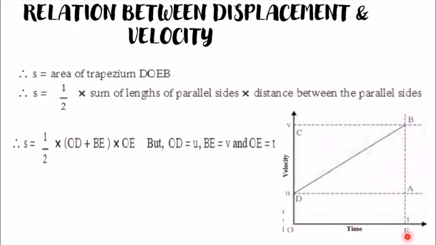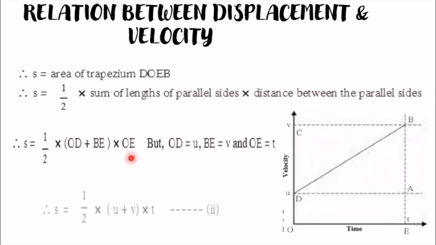Now, what is the distance between these two parallel sides? That is, what is the distance between OD and BE? So, it is OE. So, OD plus BE, that is sum of the length of parallel sides, multiply by distance between the parallel side, which is OE.